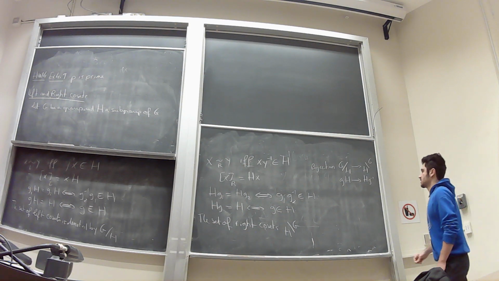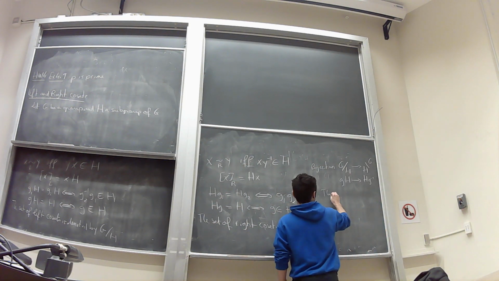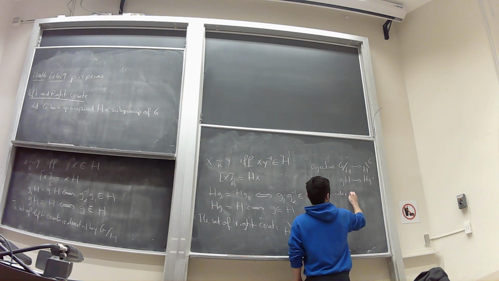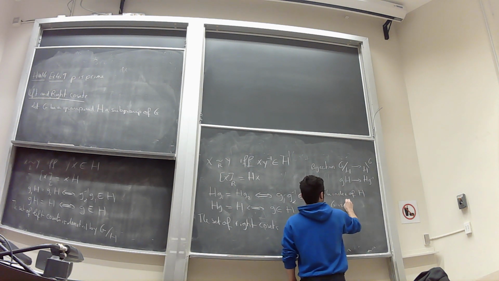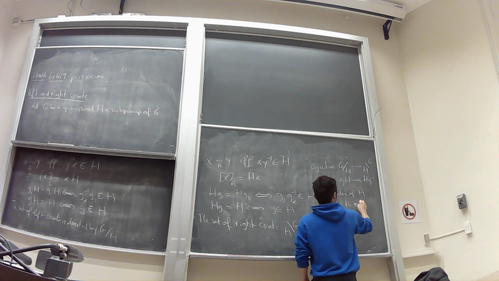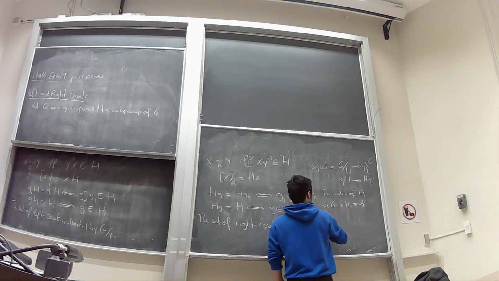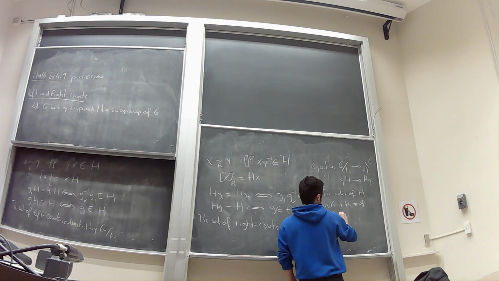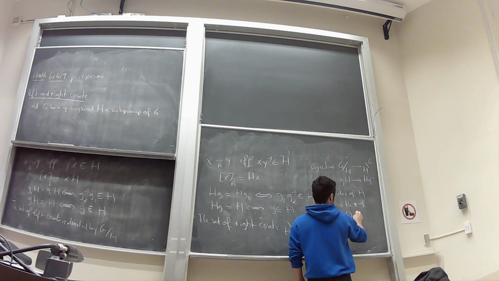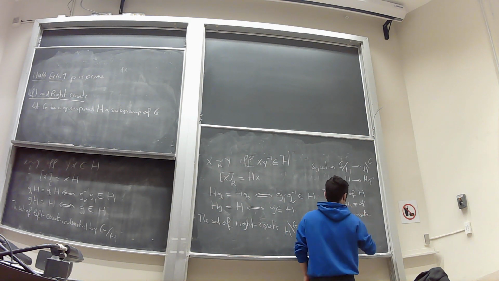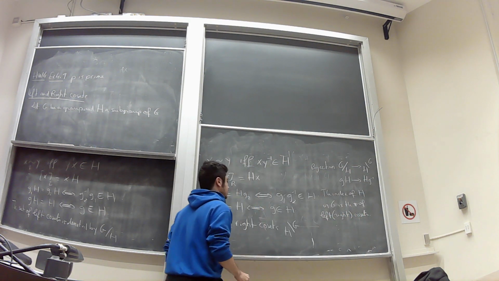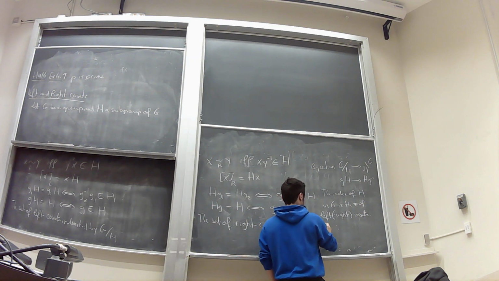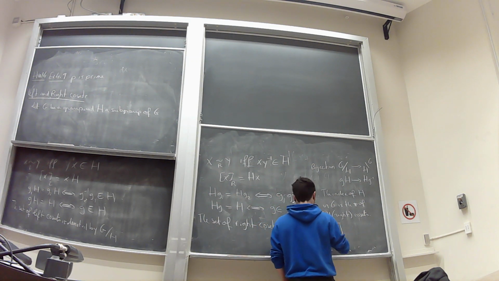And then the index of H in G is the number of left or right cosets, because the two numbers are the same. We denote it by [G:H].